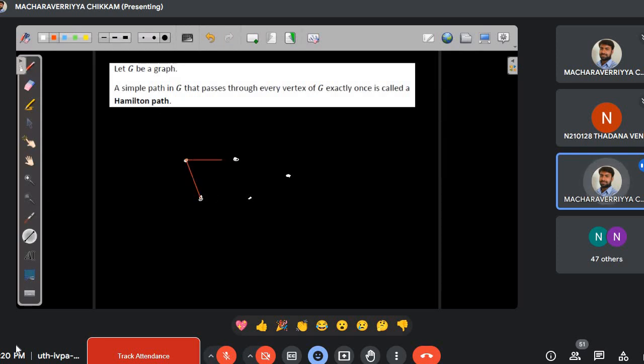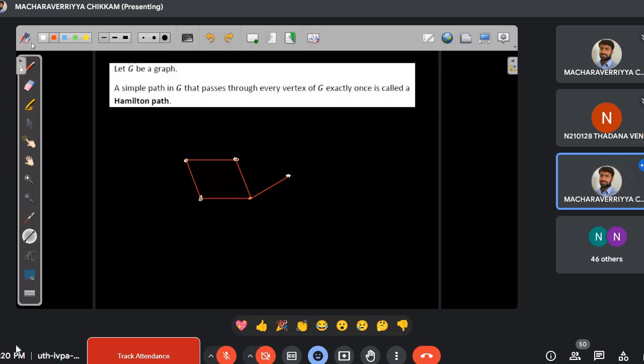If it is disconnected, you can't find a simple path which goes to all vertices. For example, if you consider this graph here, the graph itself is showing a path which travels through all vertices. So it has a simple path which travels through all vertices, and even this also has a simple path, but it may not go through all edges. Our condition is we need a path which goes through all vertices. That's it. It's not needed that you travel through all the edges also.